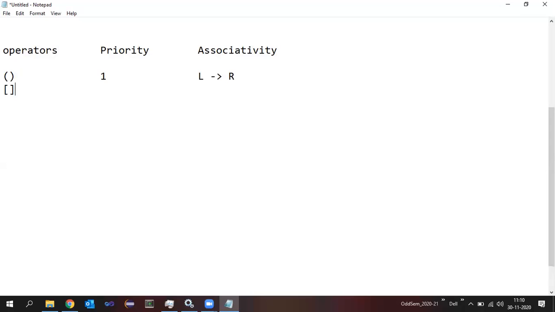Second is another type of bracket, the square brackets. Square brackets also have the highest priority, and they are again performed from left to right. Then comes something called unary operations.